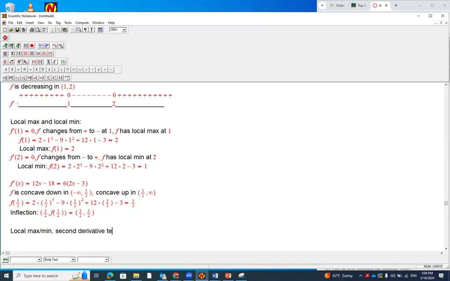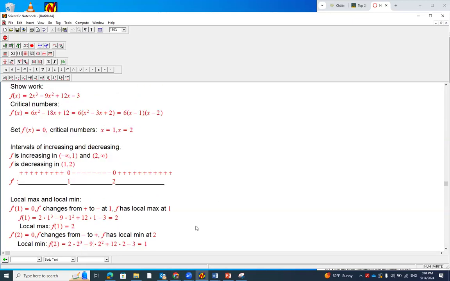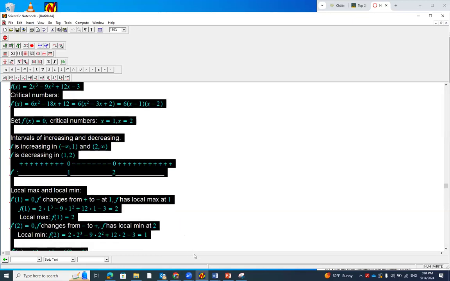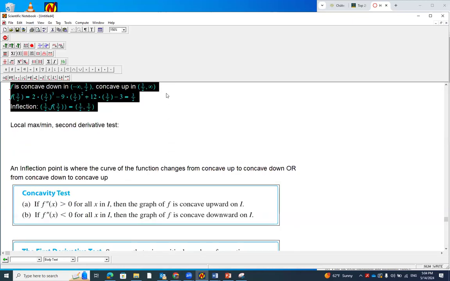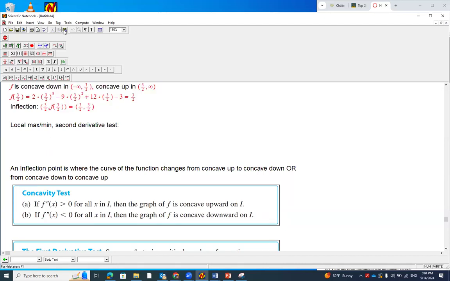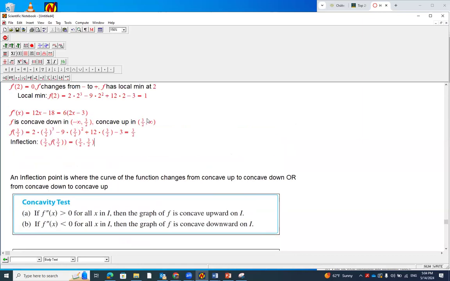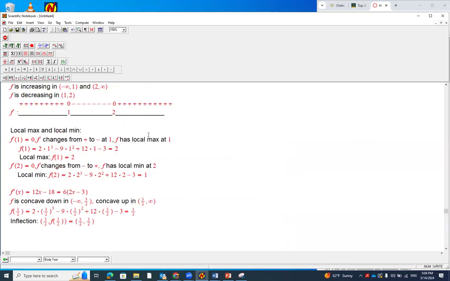Suppose I have all this work shown here, and I've plotted intervals and everything, but I just want to show work on local max, local min using the second derivative test. What do I do?